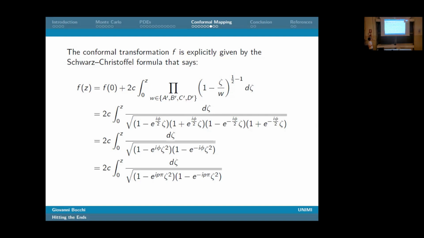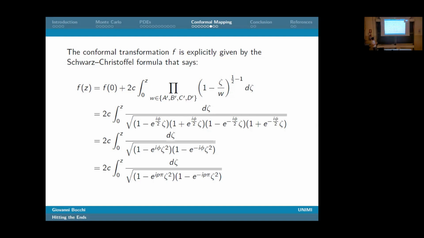So by substituting the values of A prime, B prime, C prime, and D prime, we obtain this expression. We can simplify it by considering the product of the first 2 terms and the second 2 terms, and then by substituting phi with p times pi, as we obtained.